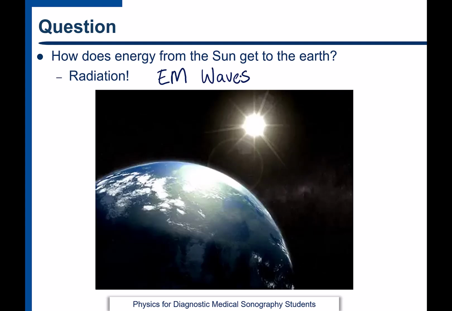That's why when you look at the sun, obviously you can't look right at it, but it's basically a big white ball, and that's because it's putting out most of its energy in the visible part of the spectrum. But it does emit really across the entire spectrum, just mostly in the visible part. Okay, so if it weren't for radiation, we wouldn't be here because the Earth wouldn't be able to get energy from the sun.